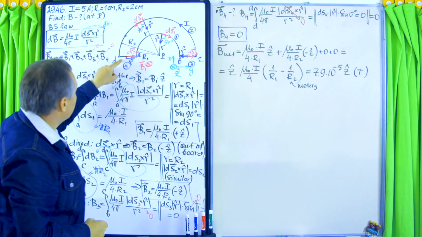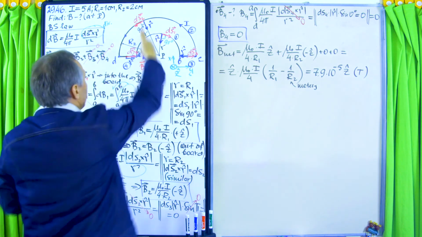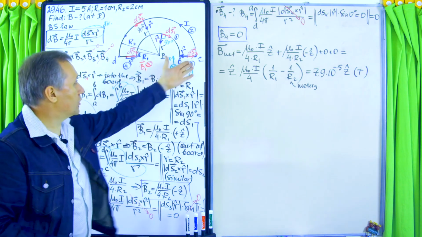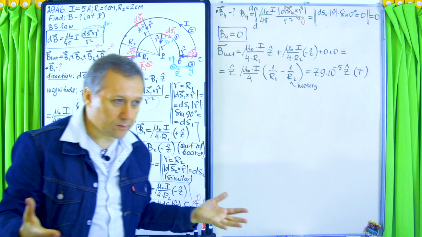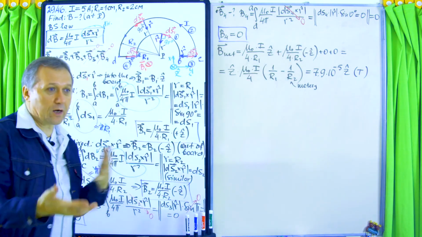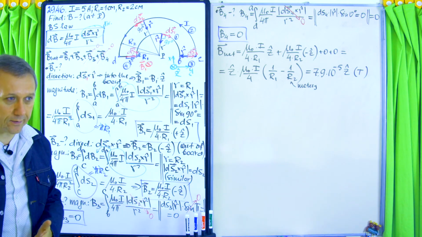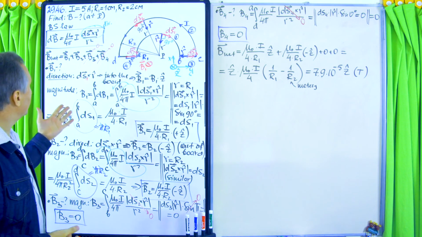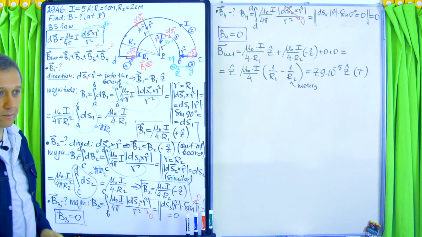And sections 3 and 4 will still be here, and their contributions will still be 0, because again the angle between ds and r will be either 0 or 180 degrees.